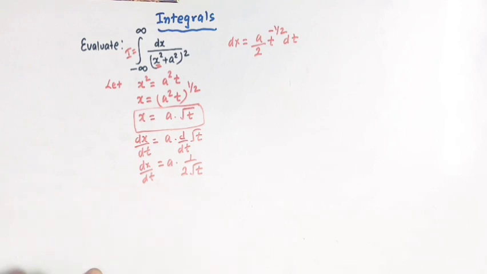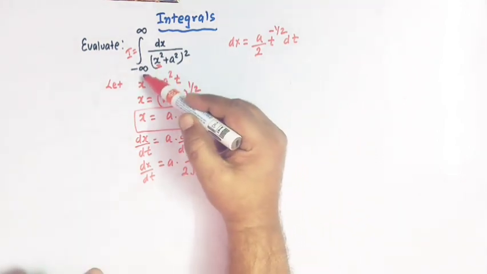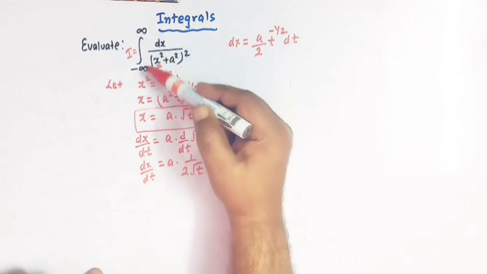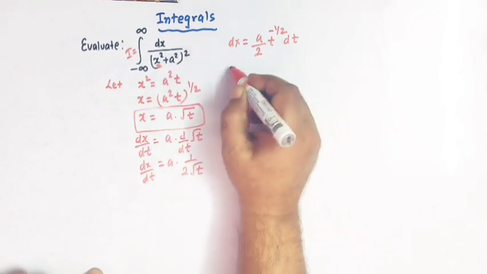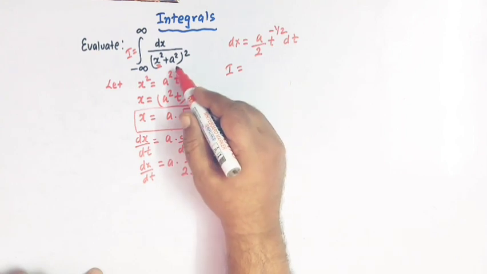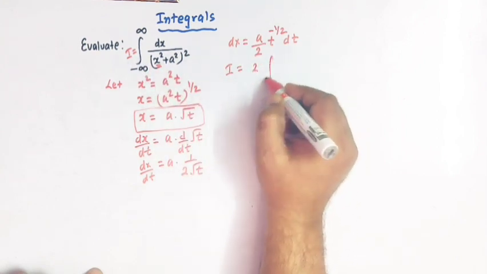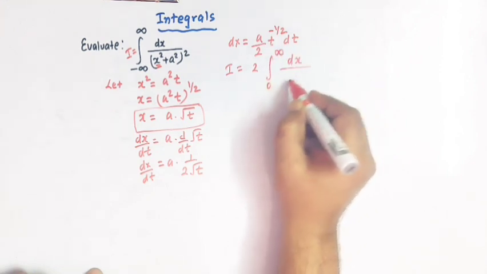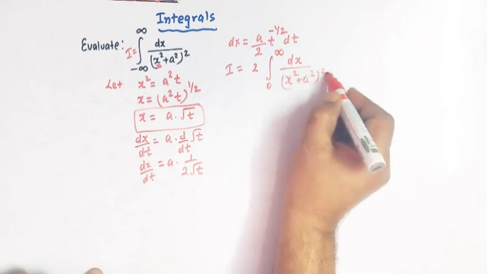dt. Now see here the limits of integration are from minus infinity to infinity. So we can simplify this integral by using a property of definite integrals, that is we can write I is equal to 2 times the integral from 0 to infinity of dx over (x square plus a square) whole square.